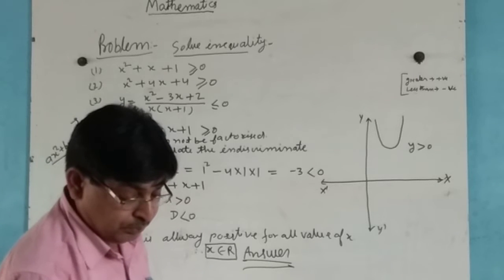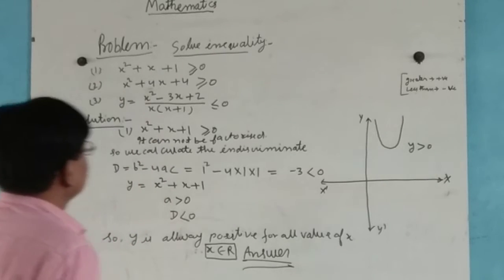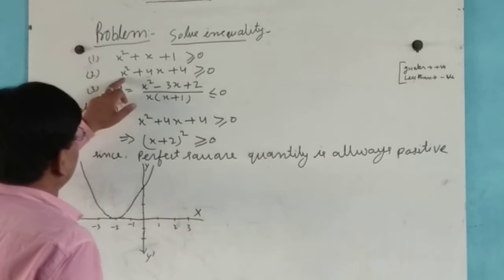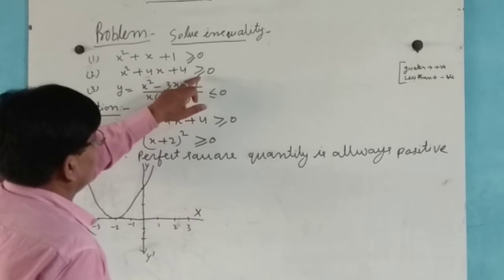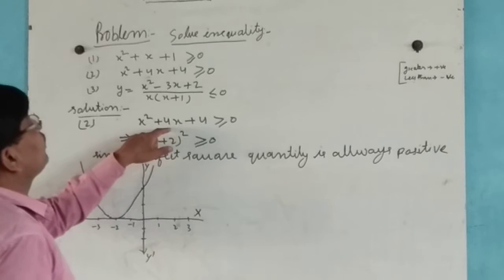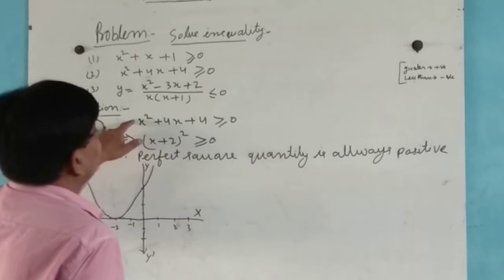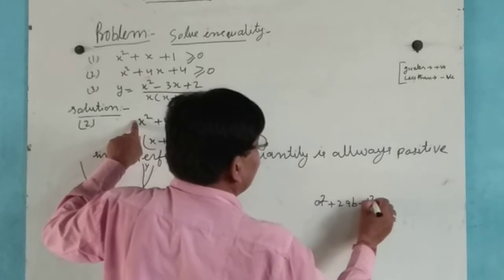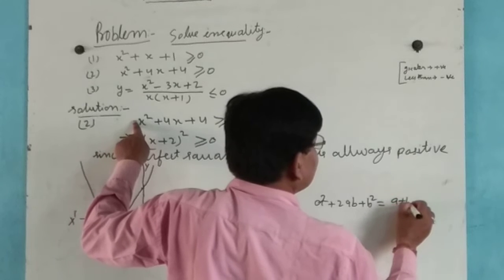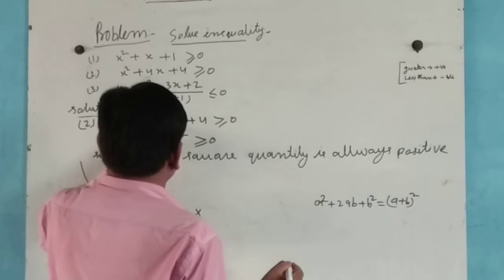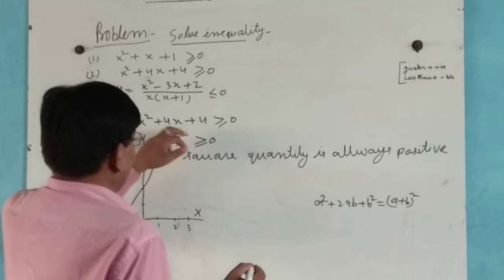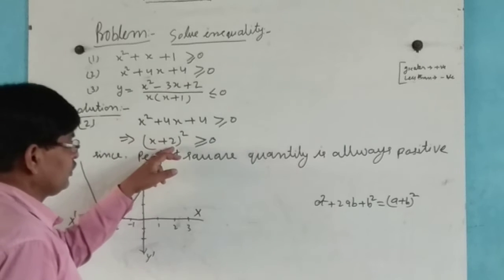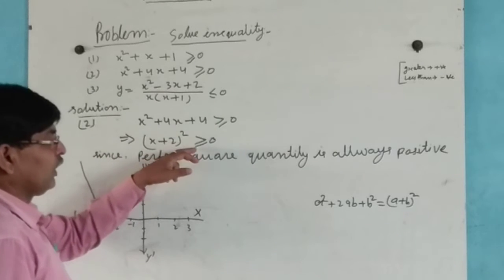Next. Now the second problem, x² + 4x + 4 ≥ 0. It can be written as a² + 2ab + b², which is in the form (a + b)². Here it can also be written as x² + 2² + 2·x·2, which is (x + 2)² ≥ 0.